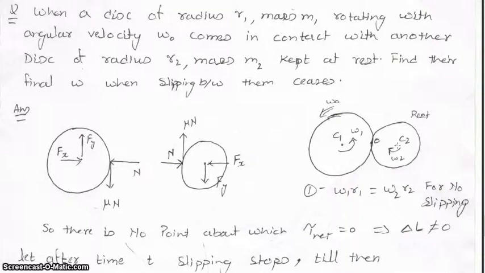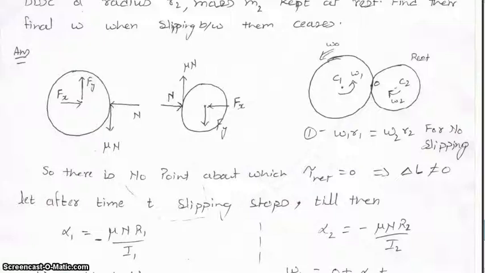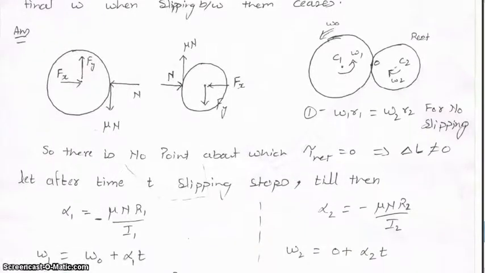And if we take the center of the other disk, then these forces will produce some torque. And if we talk about O, Fy will produce some torque. So actually there is no such point, and we should not apply conservation of angular momentum about these points because the external torque is not 0.